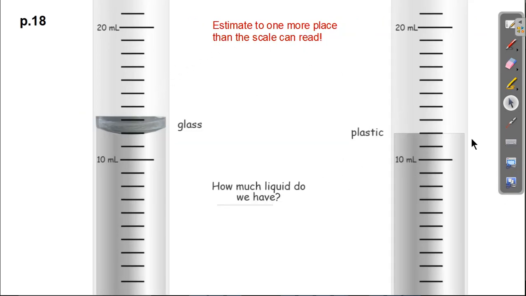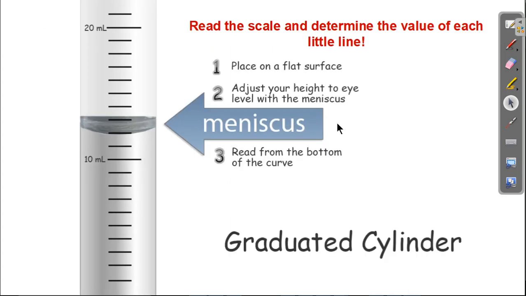Glass versus plastic. Plastic, straight line. Glass will give you a meniscus. There's a right way of reading this and a wrong way of reading this. Go back here for a minute. Do not pick up the graduated cylinder and put it in front of you, maybe looking up through a window so you can see the liquid more clearly. You cannot do that.